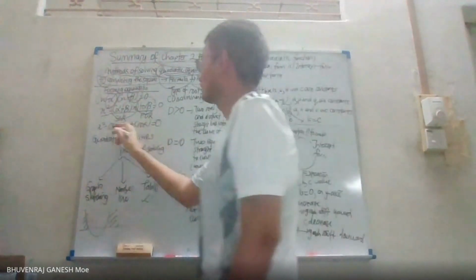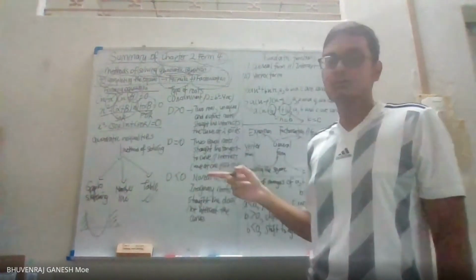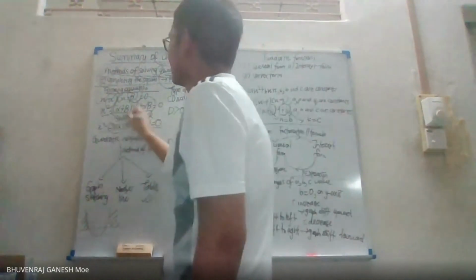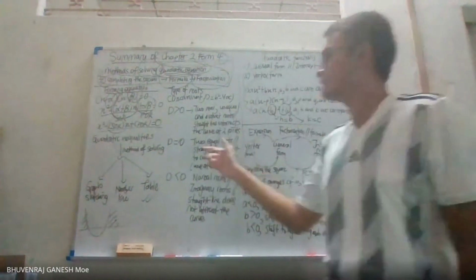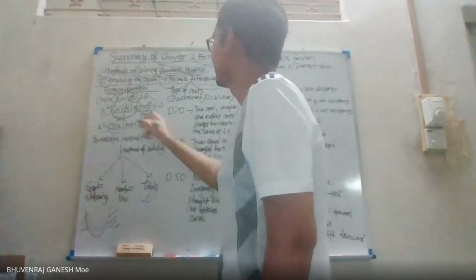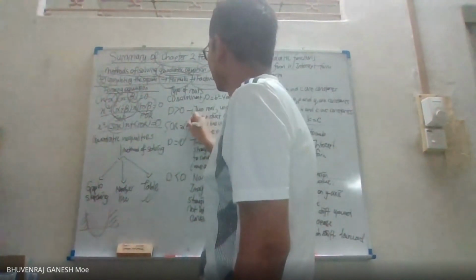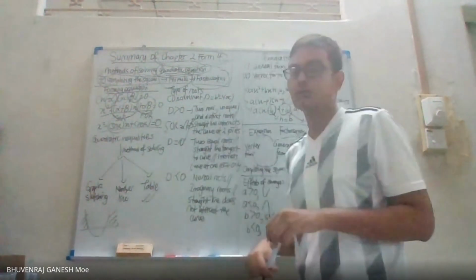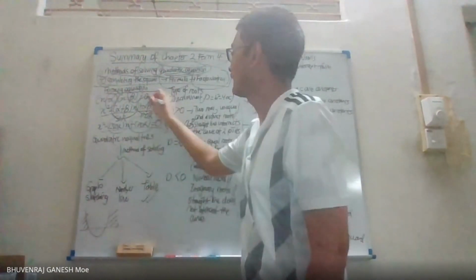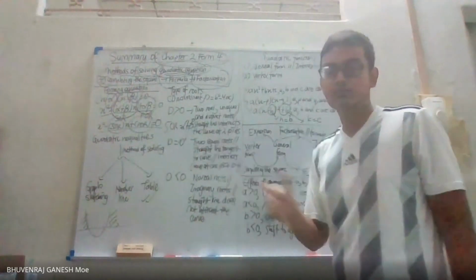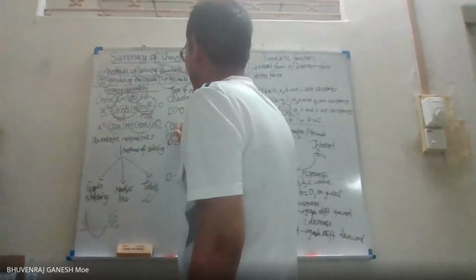Compare it with the general form x squared minus SOR x plus POR, and you realize SOR is alpha plus beta. Then comparing the constant terms, POR is alpha beta. That's how they came up with this.